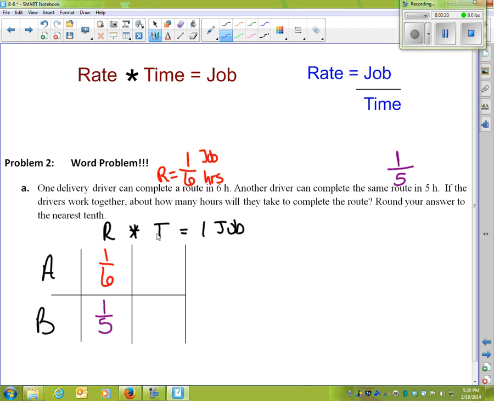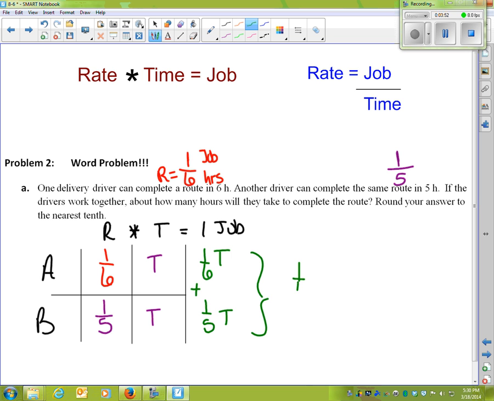So the time I don't know is what I'm going to solve for. How long if they work together? Well, I take the rate, 1 over 6, and the time. Rate of B, 1 over 5, and his time. And if they work together, that means I'm going to add my 2 fractions to give me my 1 job.